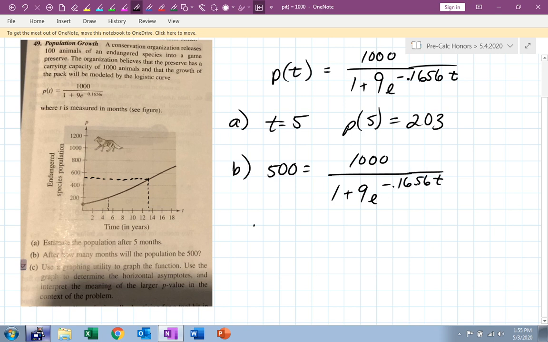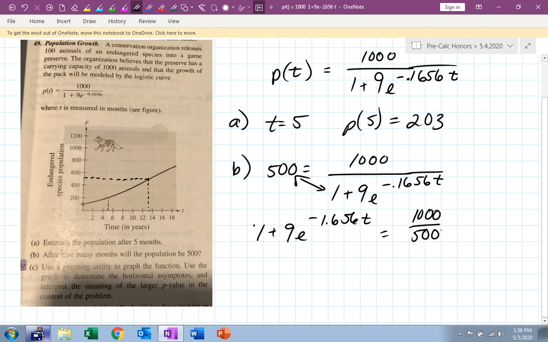If you ever have a variable in the denominator on one side and you don't have a denominator on the other, you really just swap these two. So I get 1 plus 9e to the negative 0.1656t equals 1,000 over 500.